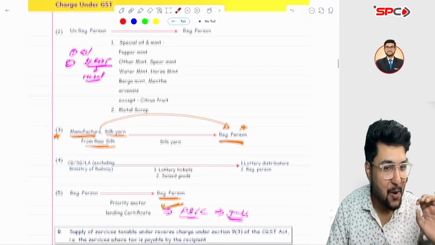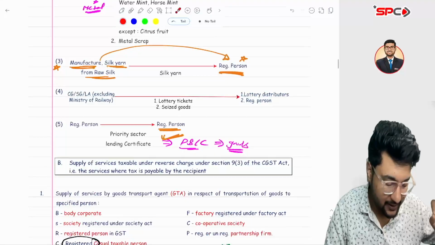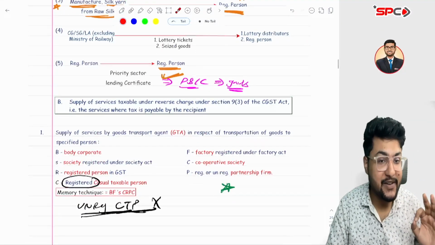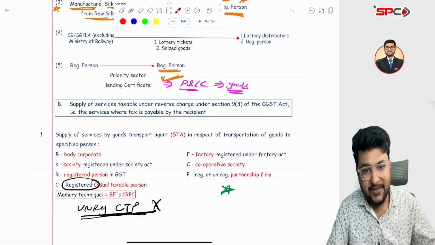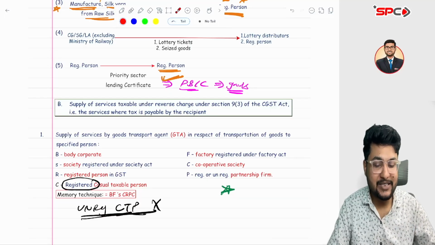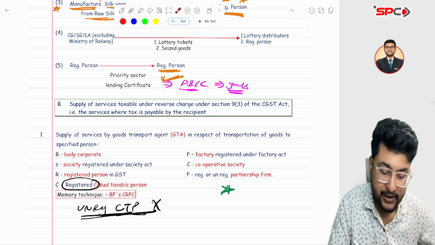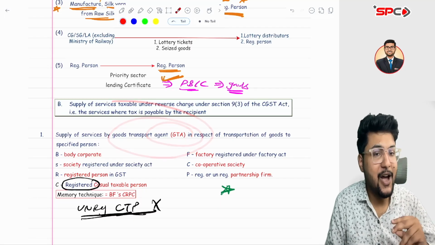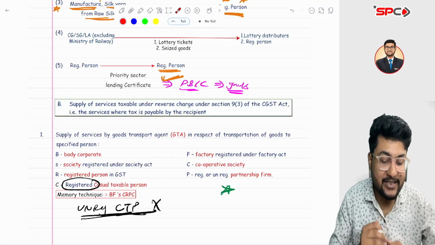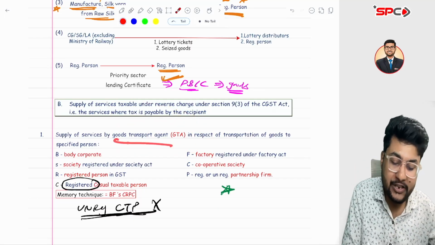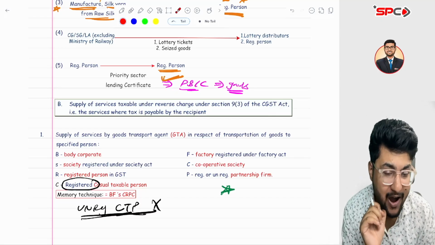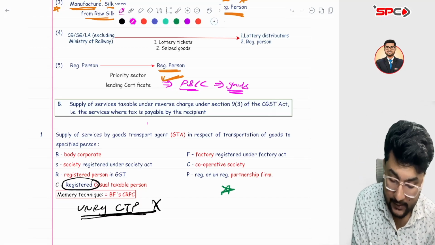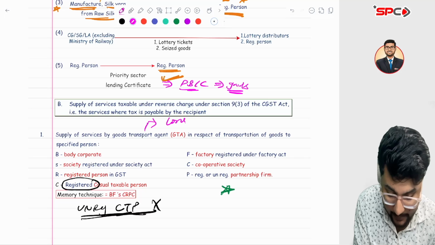Now we will talk about 9(5), 9(4), 9(3) services, which is very, very important. Same concept: specify the supplier, specify the recipient, and specify the services. The most important entry is GTA. First tell me who is a GTA and what is the full form of GTA. Sir, GTA is Goods Transport Agency, the person who issues a consignment note. What is a consignment note?